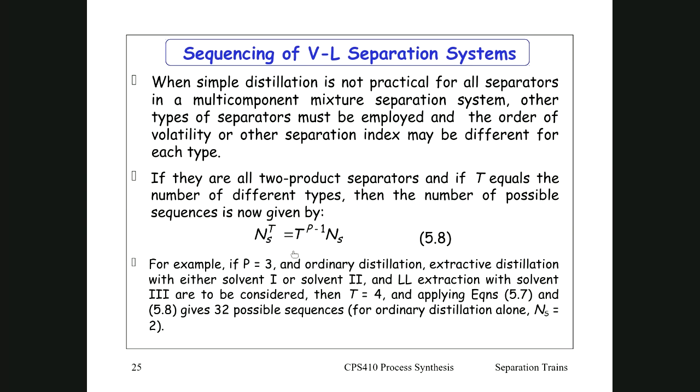And that gives a much greater number of total possibilities if you can do extractive or liquid extraction on any one of those columns.